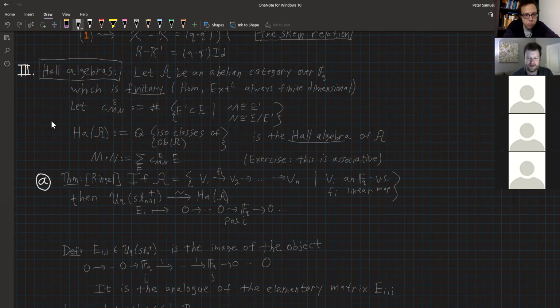The product of M and N is the sum over all E of this number times E. Because of the finiteness of Ext, this sum is also finite, so you only get finitely many E's in this expression. And it's an exercise that's not too hard, but entertaining, that this gives you an associative product.